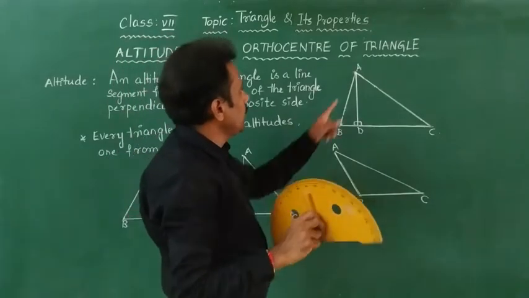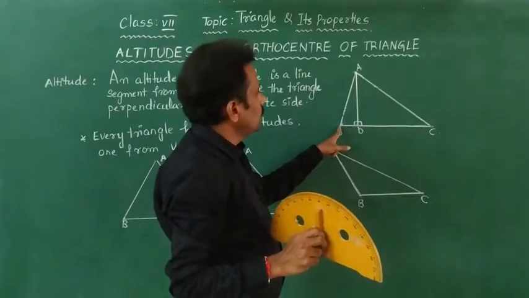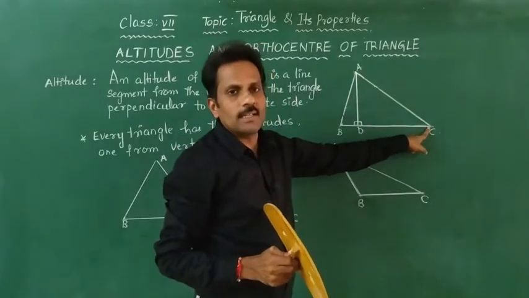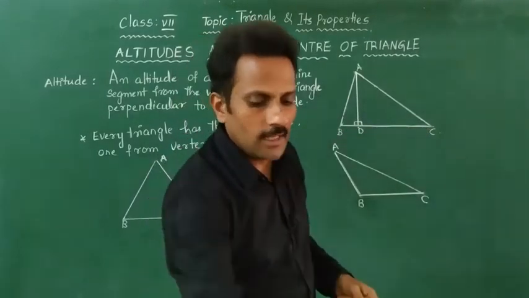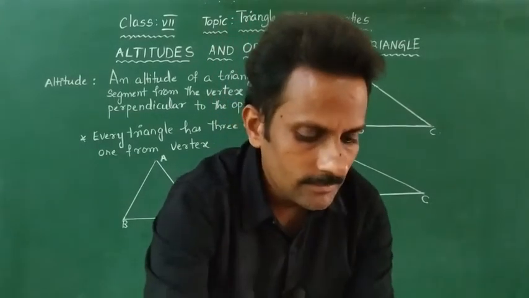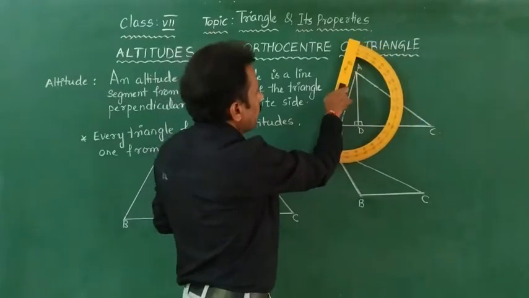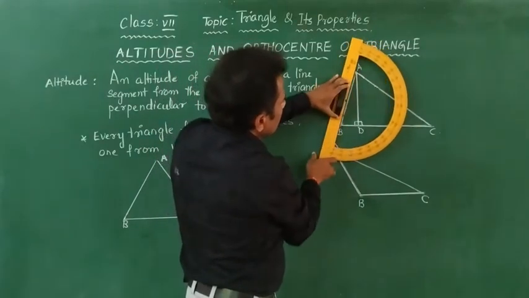Now if you observe AB side, to AB side let us draw perpendicular from opposite vertex, that is C. So I am taking another protractor. So I am fixing the protractor exactly.